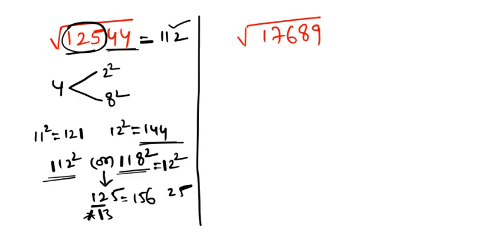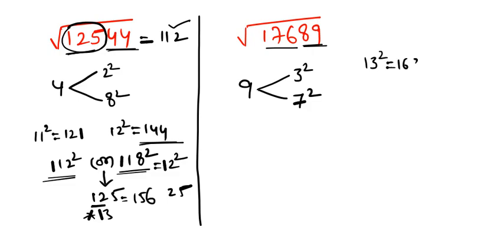Okay. The next question is root of 17689, where 9 is the units place for either 3 square or 7 square. For 176, 13 square equals 169 and 14 square equals 196. So what is the exact value?